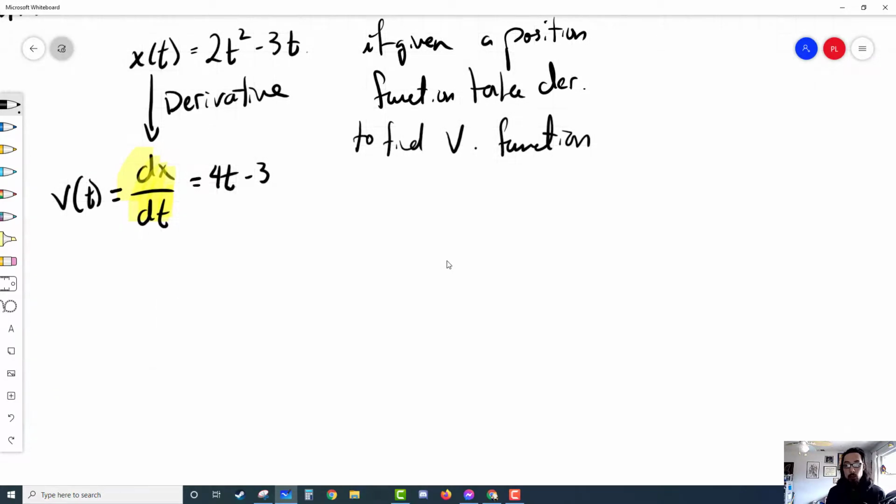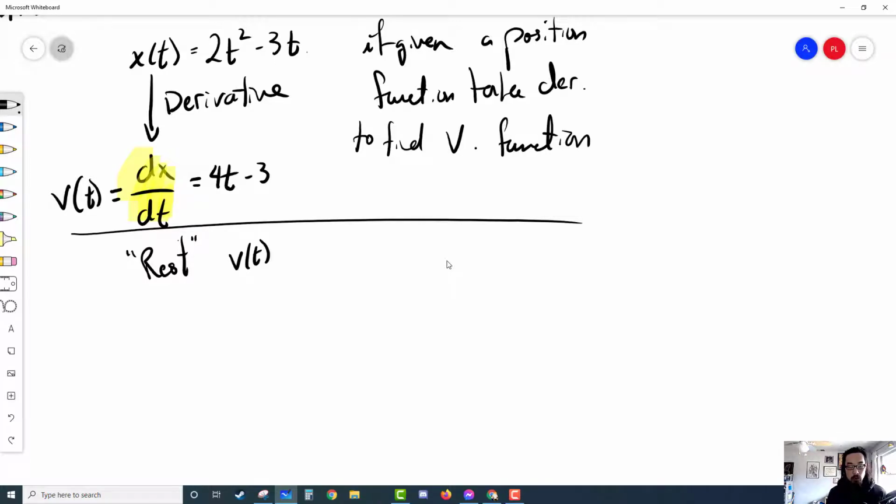At this point, we were introduced to a very important keyword, and the idea is called rest. If the word problem says that the object is at rest, you should know that your v sub t, whatever it is, is equal to 0. 0 meters per second, and that is the object that is at rest.